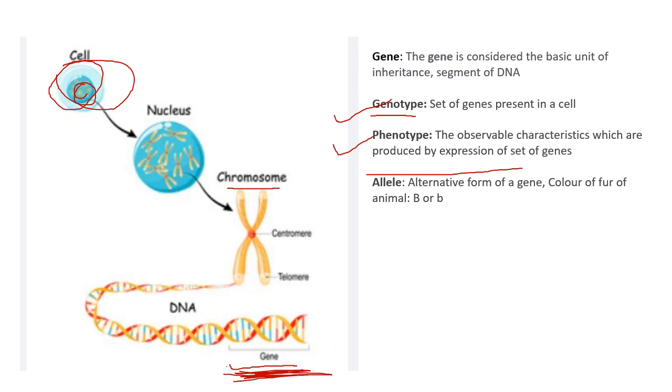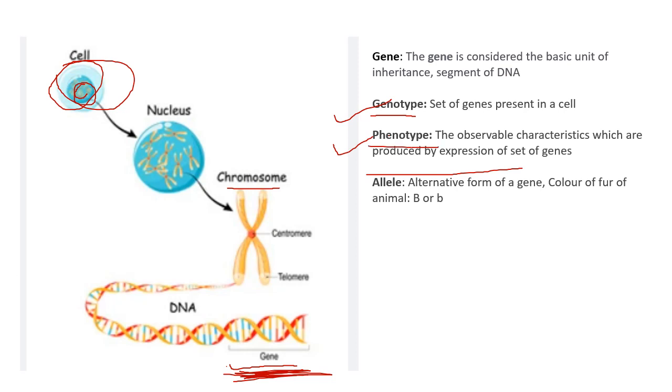Like I'm a human being, so whatever set of genes I have for my height, my color, my eye color, and many features like my voice and my blood group, all of this comes from the genes but is expressed in terms of my phenotype, that is the visual feature.